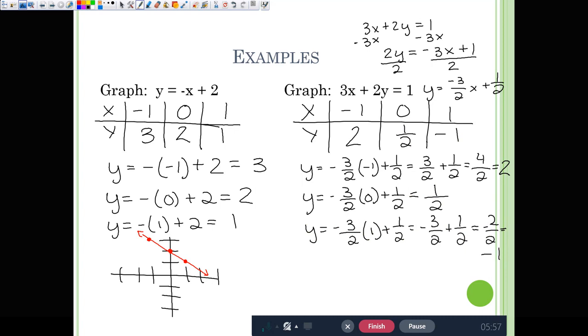I'm going to draw my graph. Plot my points. So at negative 1 is a positive 2 for my y, at 0 is 1/2, and at positive 1 is negative 1. Draw my line, or connect my points.